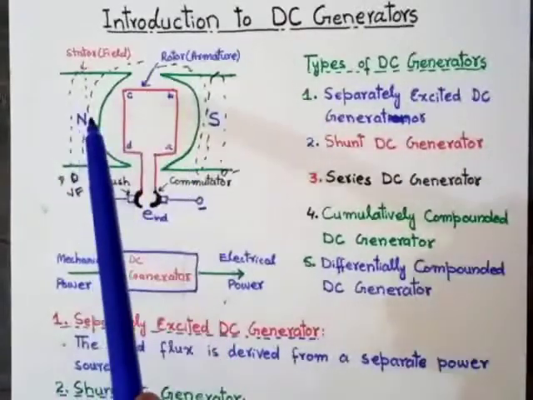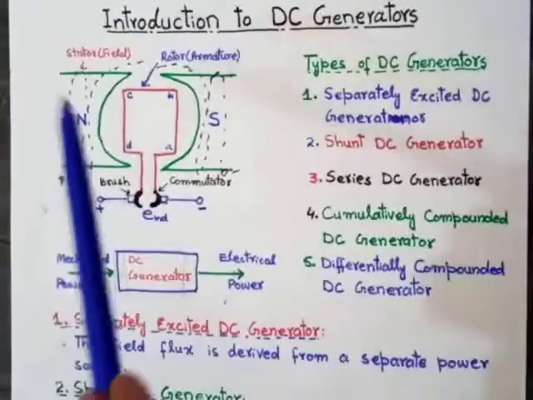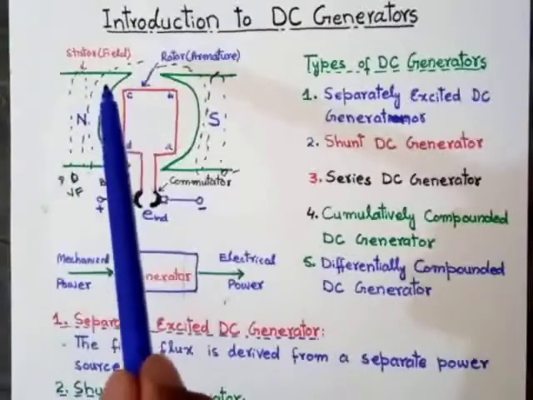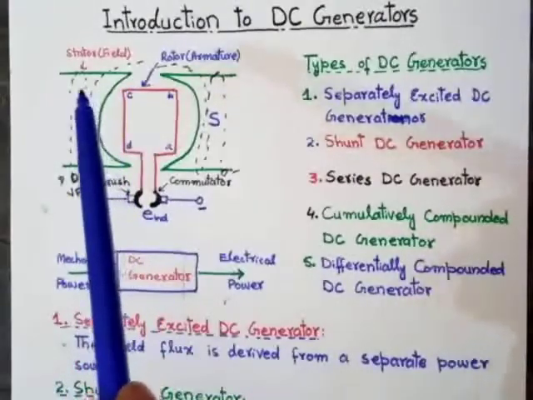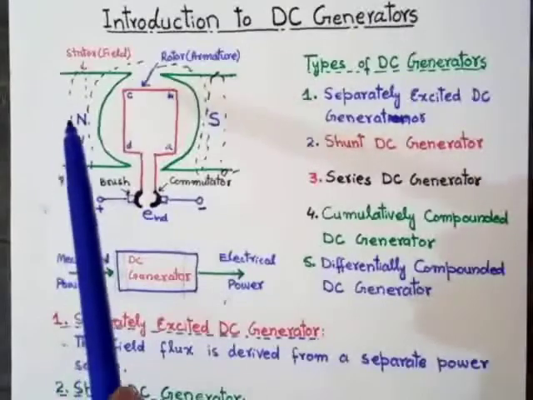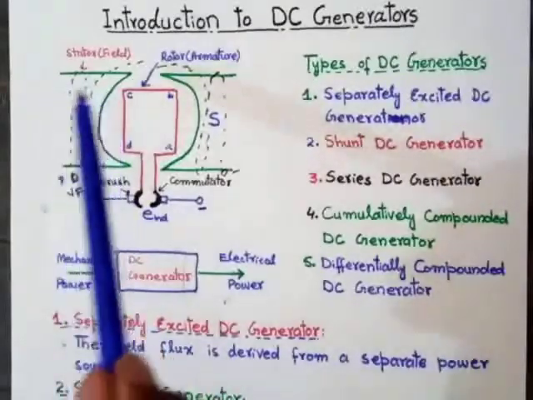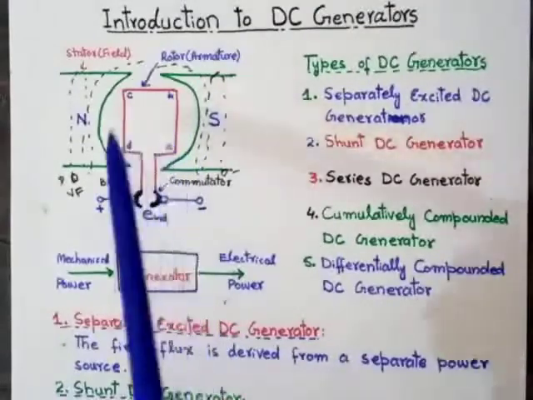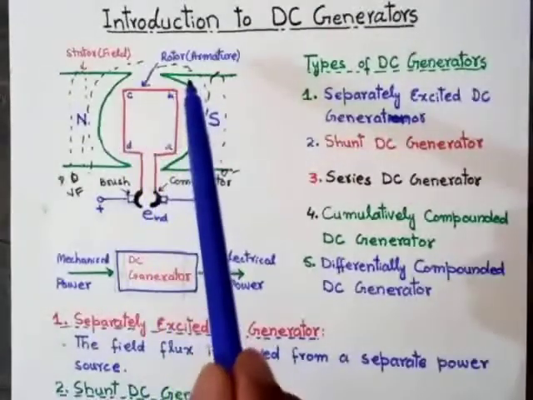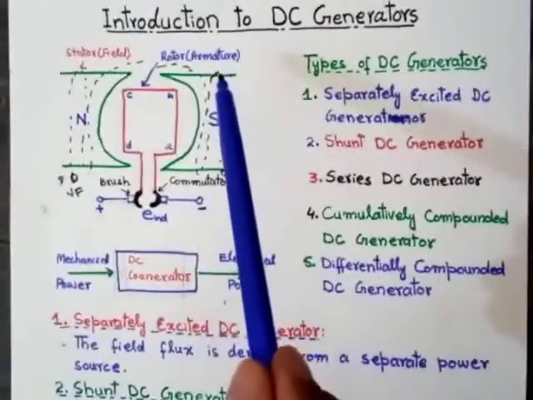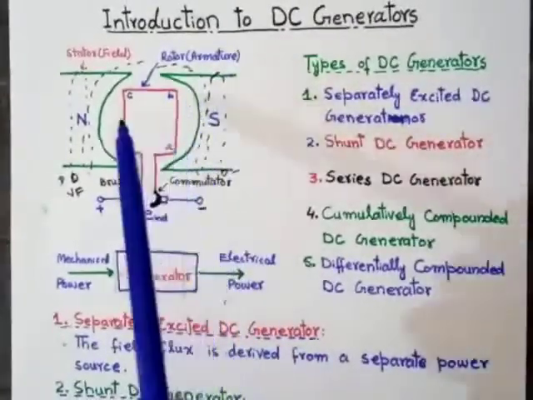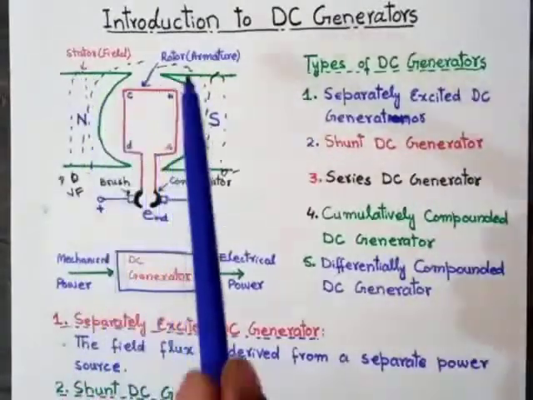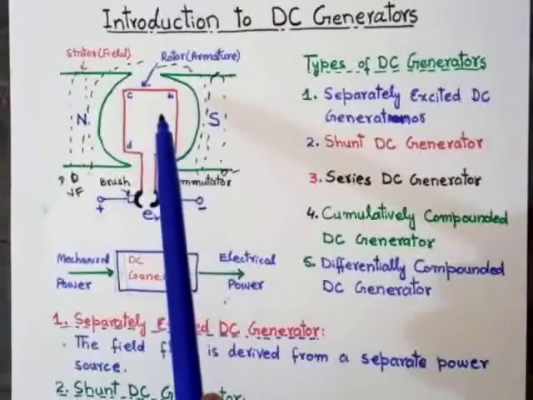The winding across the static part of the DC generator is called the field winding, and the winding across the rotating part is called the armature winding. There are 2 main types of winding: the field winding and the armature winding.